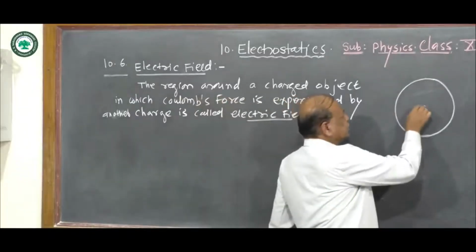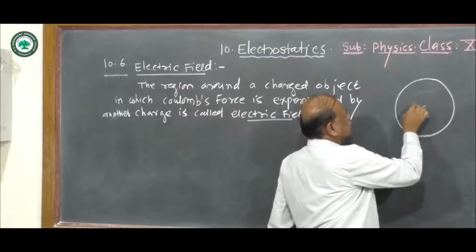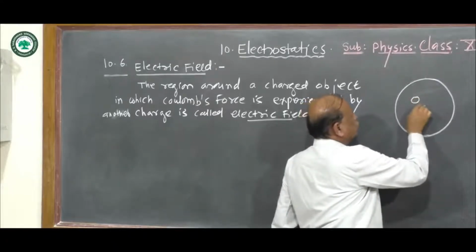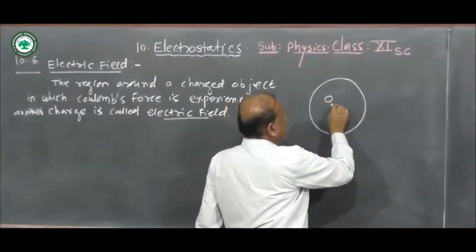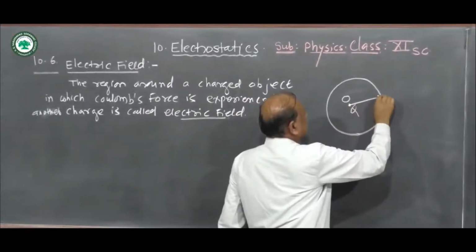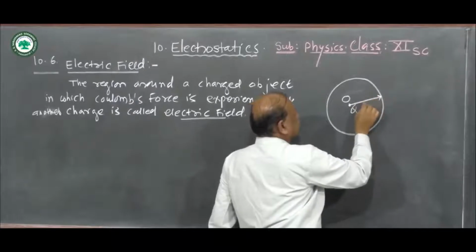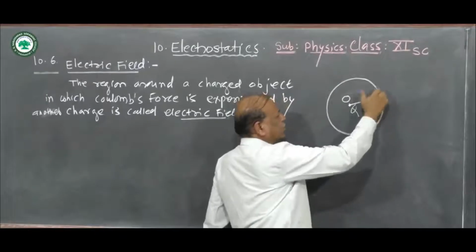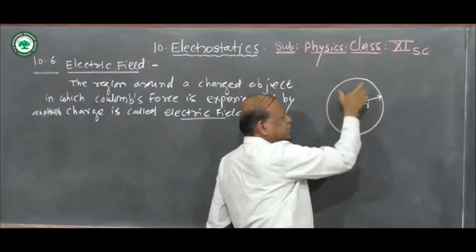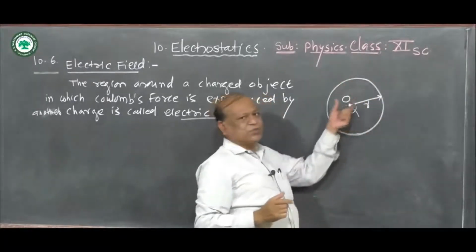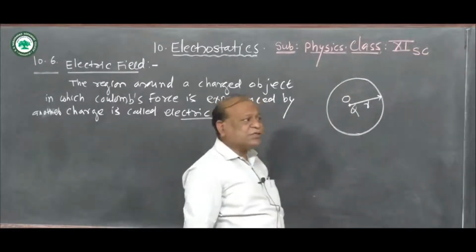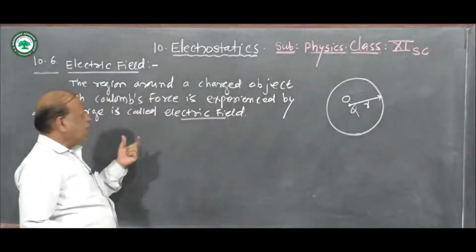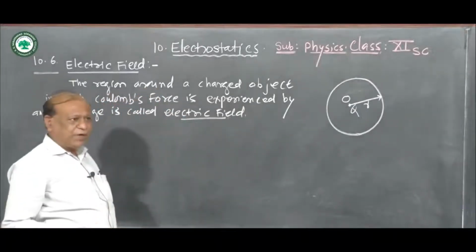The charge Q is situated at this point O, which is the center of this sphere, and R is the radius of that sphere. If another charge is brought into this space, then it experiences that Coulomb's force, and that is known as electric field.